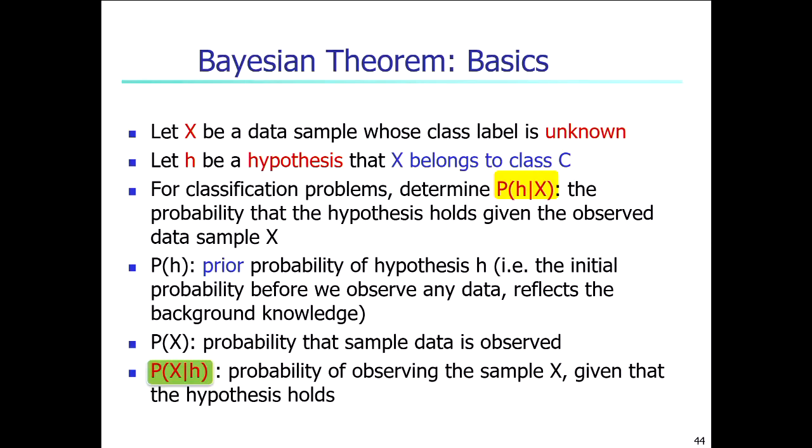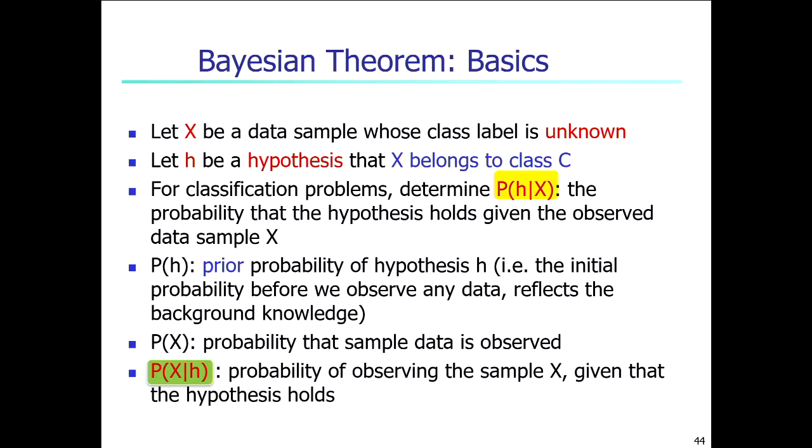Then for a classification problem, we need to determine the probability of H given X. So this is the probability that the hypothesis H holds given that we have observed the data sample X. Okay, you always need to remember, this is your goal.